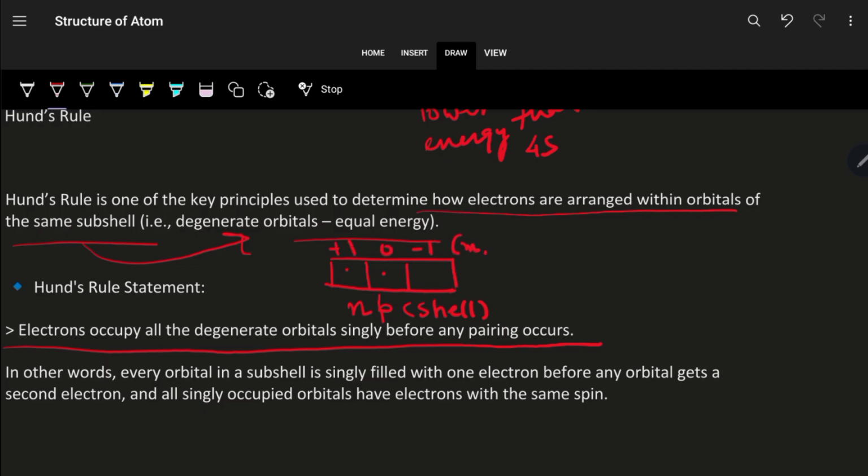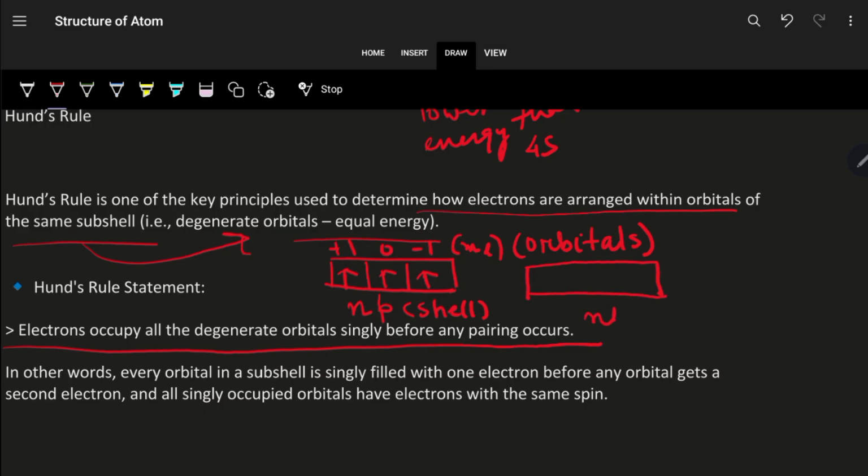These are the ml values, or these are the orbitals. So electrons will be singly occupying the orbitals. If it is p3 configuration, the next electron will enter here, but all will be in spin up condition. Until and unless all are filled up, there cannot be any pairing.